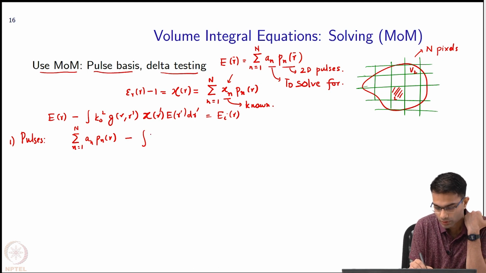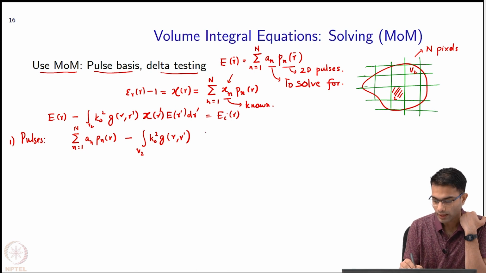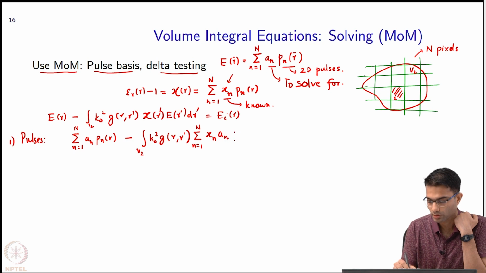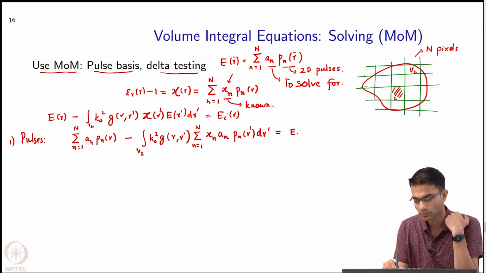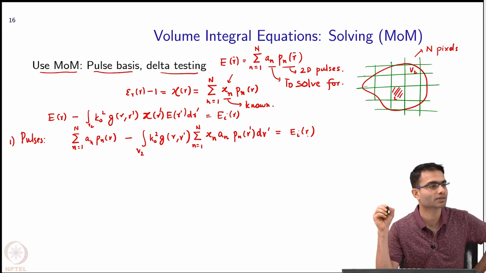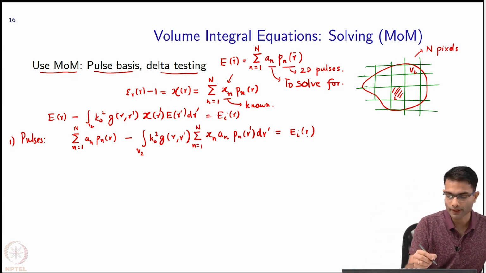Second term is over V2, k_0 squared, g remains as is, and then comes the summation. So, I can write this as chi_n a_n P_n(r prime) dr prime is equal to, I have just substituted, right. Product of two pulses is still a pulse, fine so far. So, we have taken care of the first part.